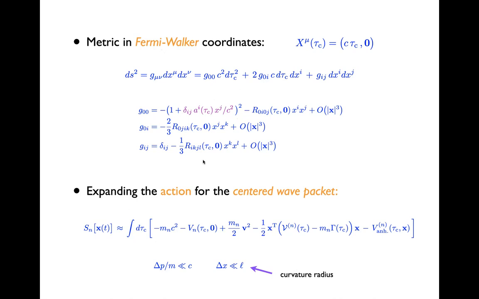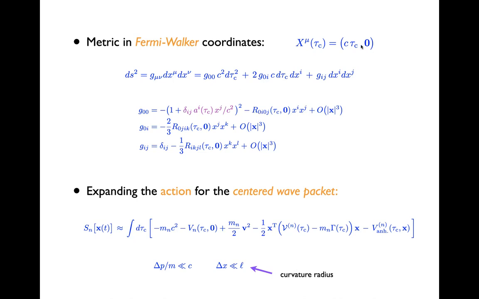Now, the crucial point, elaborating a little bit on what I said a moment ago, is that once you work in this co-moving frame, the action that describes the dynamics of your wave packet can use a non-relativistic expansion in this way. So it's exploiting these Fermi-Walker coordinates that are well suited for separations from the central world line which are not very large compared to the inverse square of the space-time curvature radius.